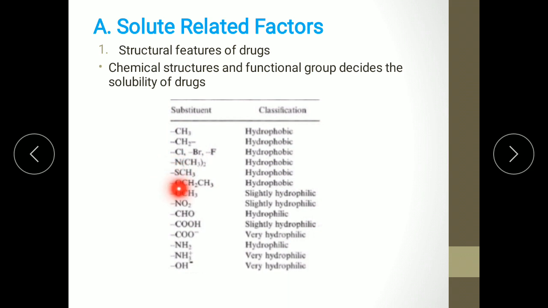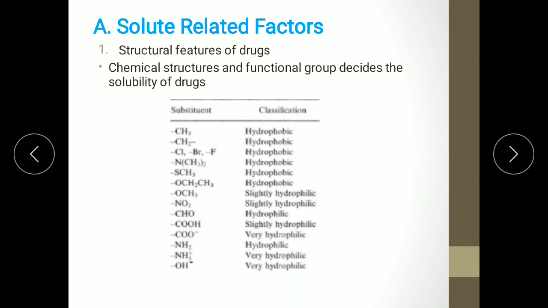dimethylamine, or trimethyl group, or ethoxy group, or methoxy group. These substituents influence hydrophobic nature on that particular drug, whereas groups like CHO, COOH, CO minus, amine, ammonium ion, and hydroxyl group will influence the hydrophilic nature of that particular molecule.